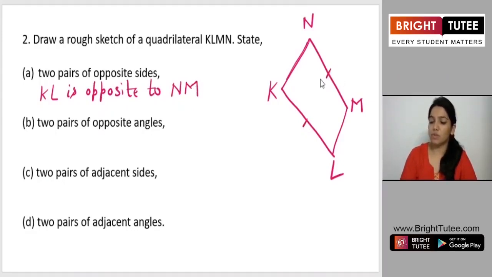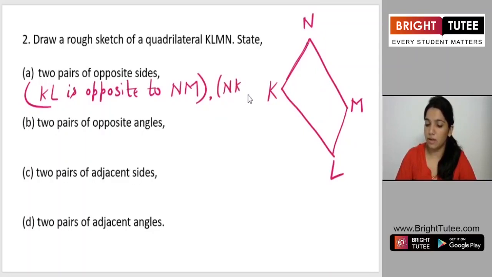Is that right? This is one pair of sides that are opposite. The other pair is NK and ML. This is the other pair that is opposite.